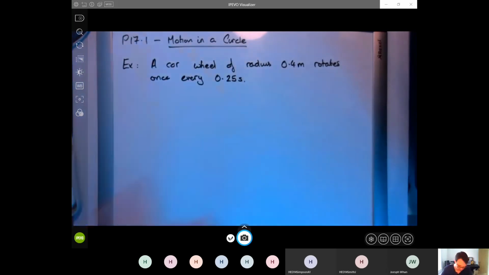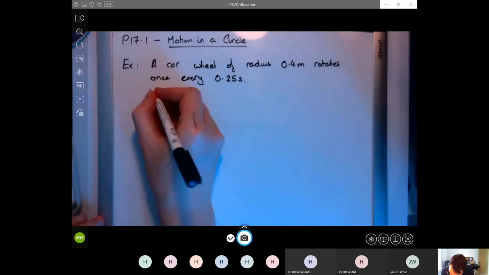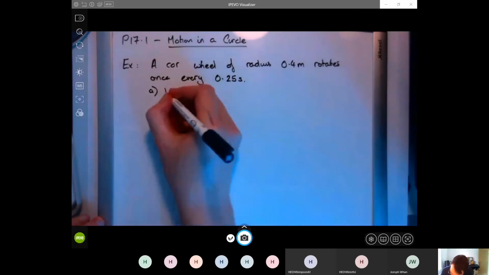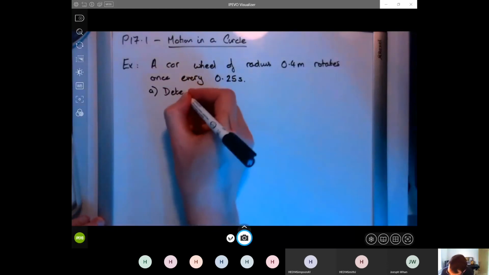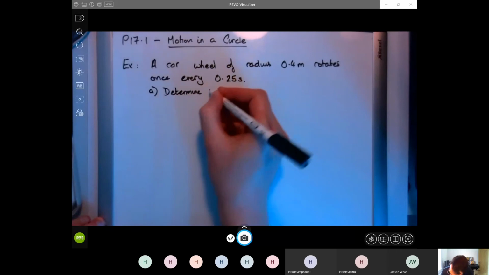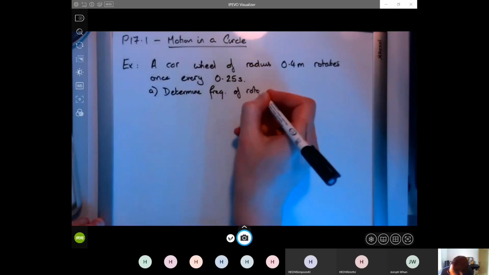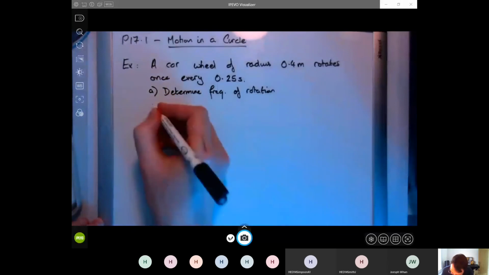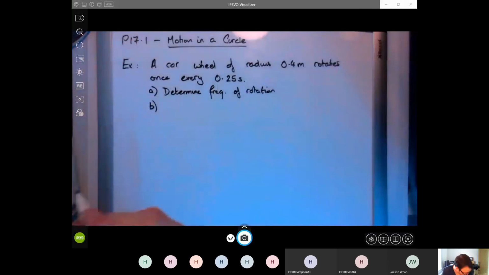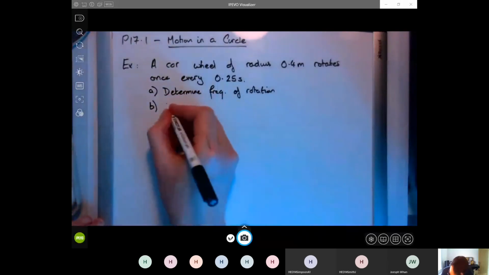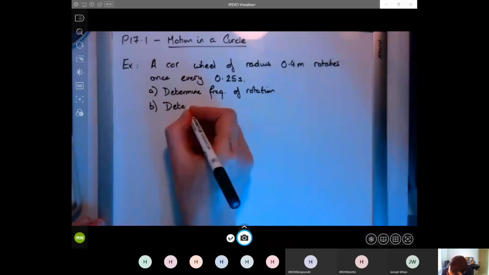Okay. So I want to do 3 things with this. A, we want to determine the frequency of rotation, so we want to be able to work out lowercase f. B, we want to determine the angular displacement in 2.5 seconds.